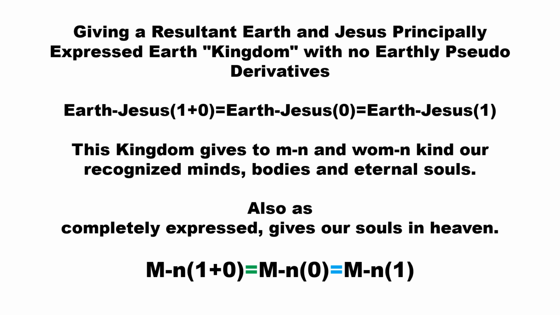The complete expression on the prior slide would give a complete expression with no earthly derivatives of his teachings. Earth Jesus 1 and 0, Earth Jesus 0, Earth Jesus 1, and this would give us access to principal system development outcomes and reducible to our own earthly principal systems, and that's why it's an important outcome.